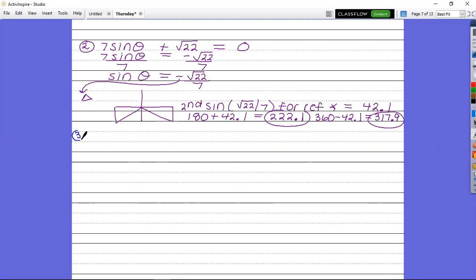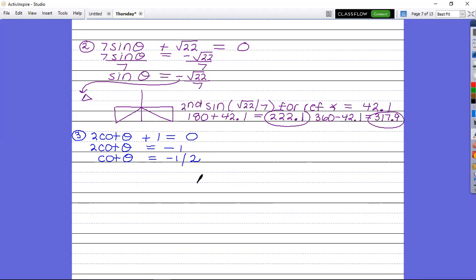So number 3, let's go 2 cotangent theta plus 1 equals 0. And you're going to solve it. So I would have that 2 cotangent theta equals -1. And then I'm going to divide by 2 and get that cotangent theta is equal to -1/2.